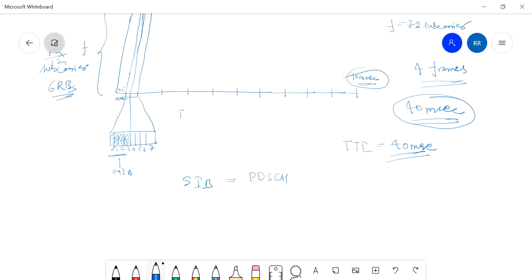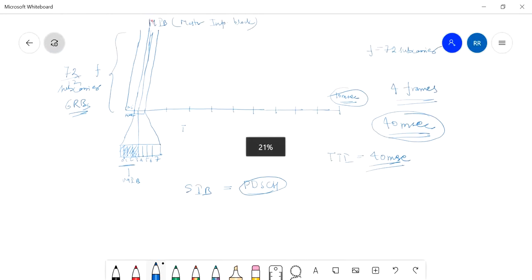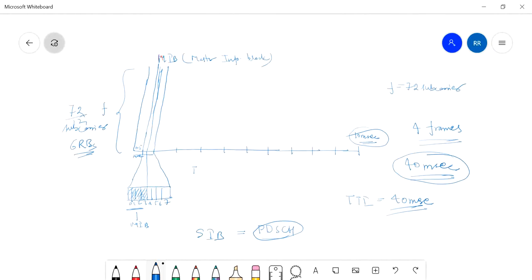This is a shared channel, and there is no specific position of the shared channel in the time domain. It can be anywhere, here, here, here. Apart from all the fixed signals, in whatever resource grid positions are left, it can be transferred anywhere.